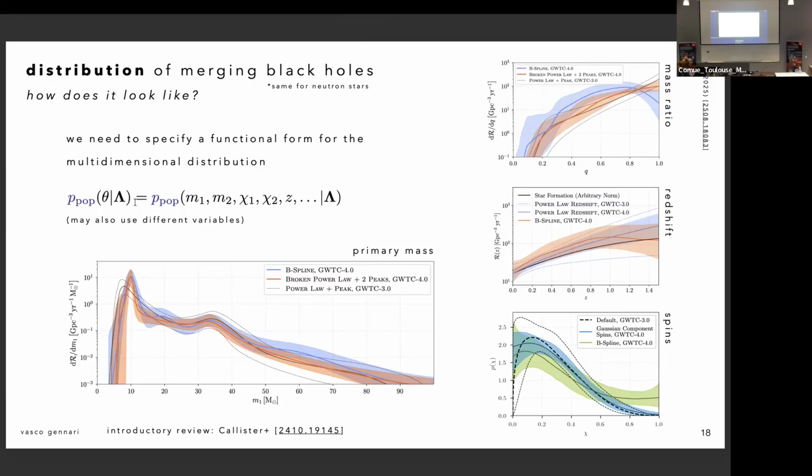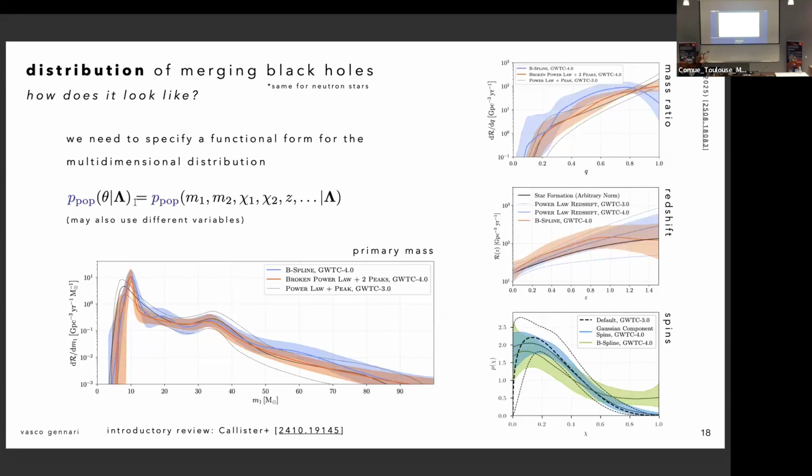Right. So moving to the applications, I will start with talking about the population, the distribution of the black hole mergers we have observed, because what do we do with all of this machinery that we have talked about up to now? So in this case here, our population distribution is given by, you should have understood by now that the single event parameters are the masses, the spins, the distance of the binary black holes.